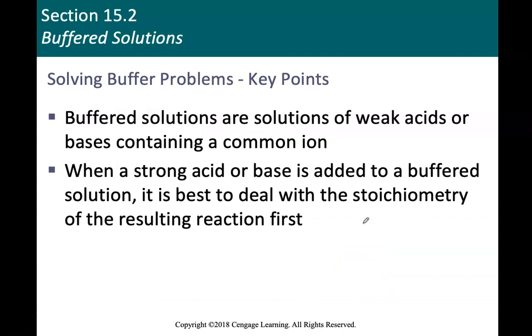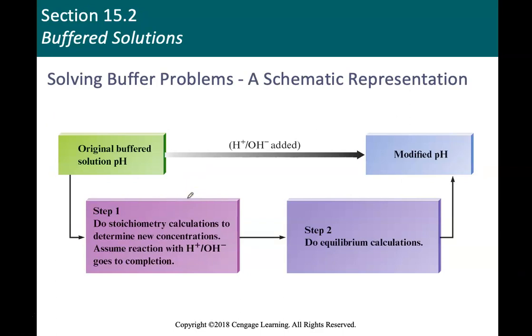So let me just summarize. In solving buffer problems, buffer solutions are solutions of weak acids or weak bases containing a common ion. When a strong acid or base is added to a buffer solution, it is best to deal with the stoichiometry of the resulting reaction first. So, original buffer solution pH. Step 1, do the stoichiometry when you add a strong acid or strong base, and then do the equilibrium calculations, and then you see the modification of pH.